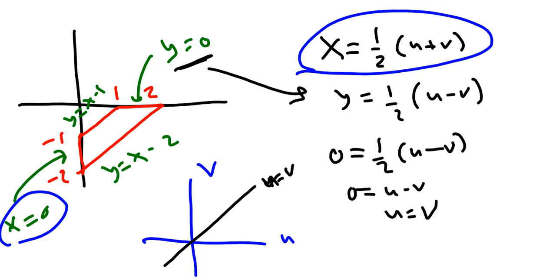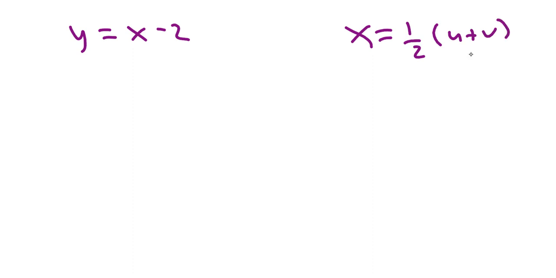Let's say we're going to worry about the line y equals x minus 2. So we can do that. Let's go to a new page. So we have y equals x minus 2. We have the original transformation. x equals a half of u plus v. y equals a half of u minus v. So plug that stuff in.